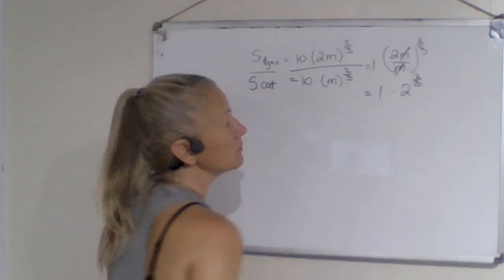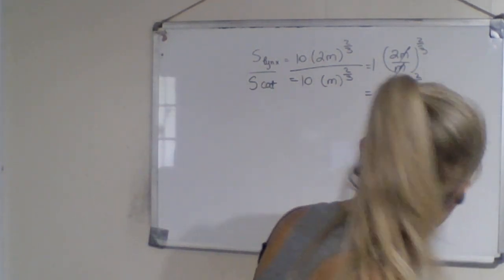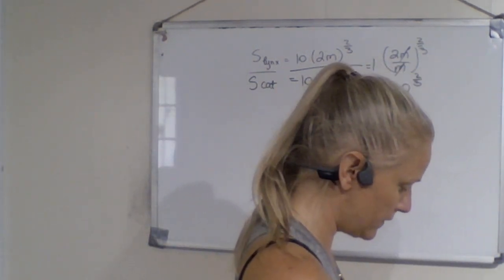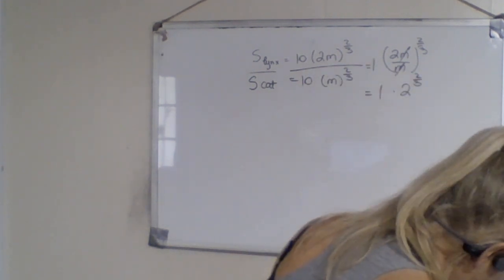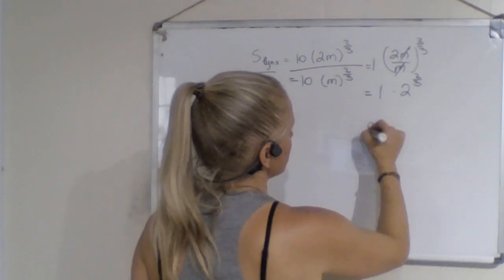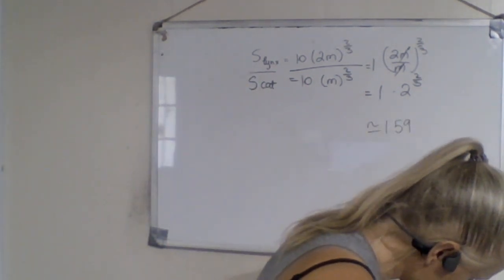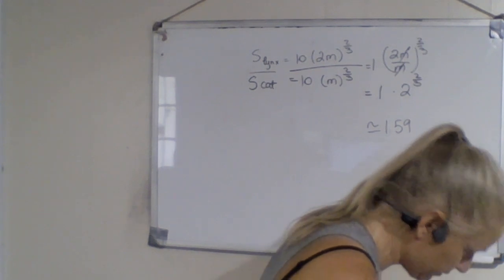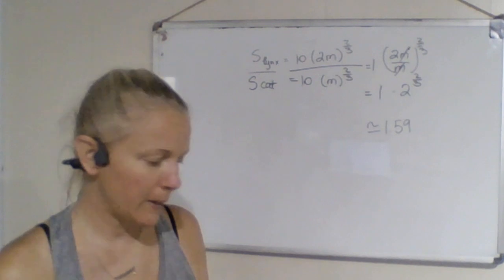That reduces. And if I do that in the calculator, basically all I need to do is what is 2 raised to the parenthesis 2 divided by 3. I end up with 1.59. It's about 1.59 when I put this in the calculator. And it says it's about 1.5 times the average cat. So no, it's not twice as much. It's less than that. Okay.